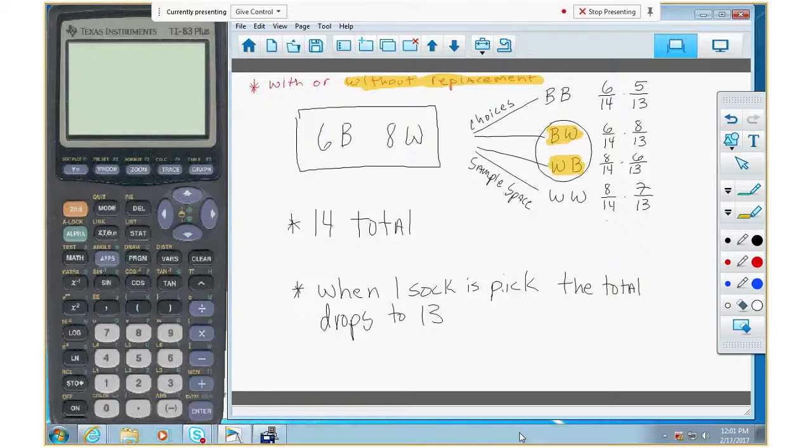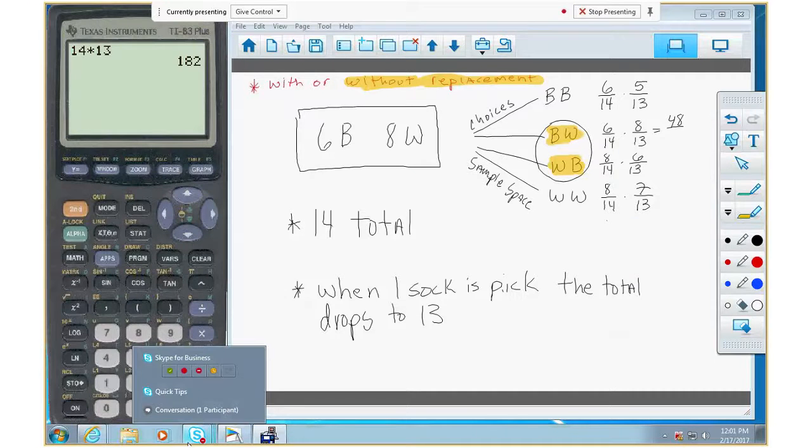Well, there's your answer. You've got 6 times 8, which is 48, over, I don't know what 14 times 13 is. Let's check. 14 times 13 is 182.